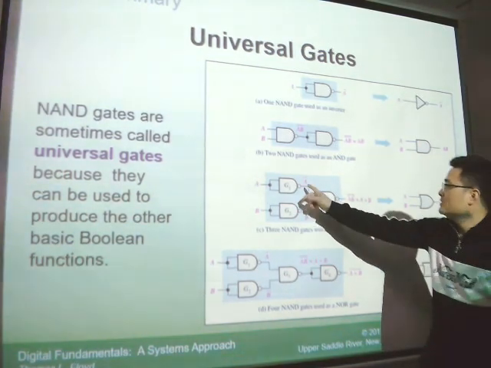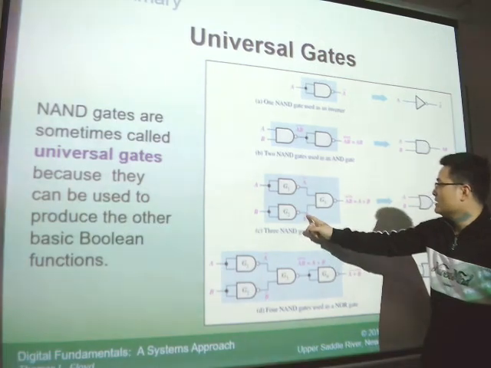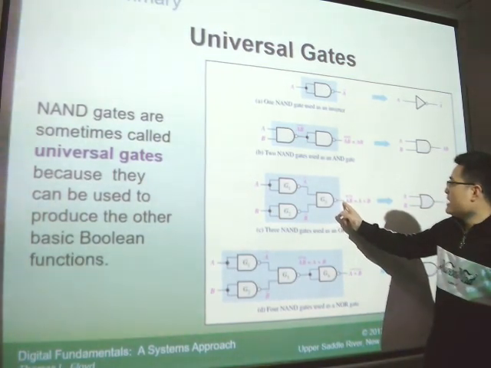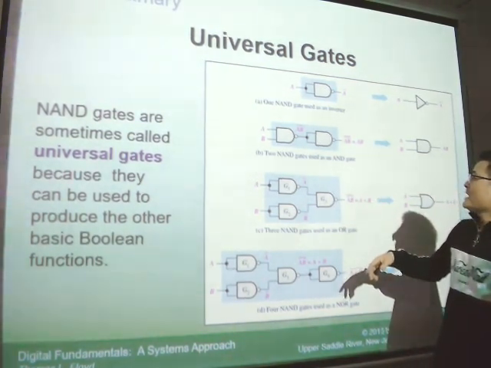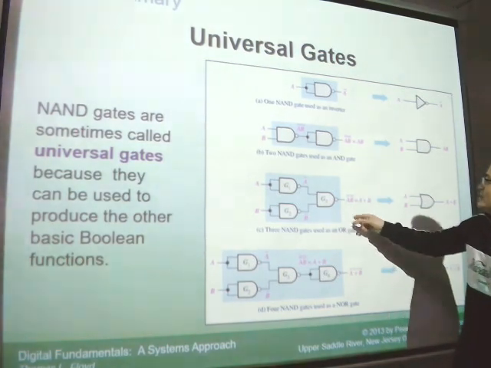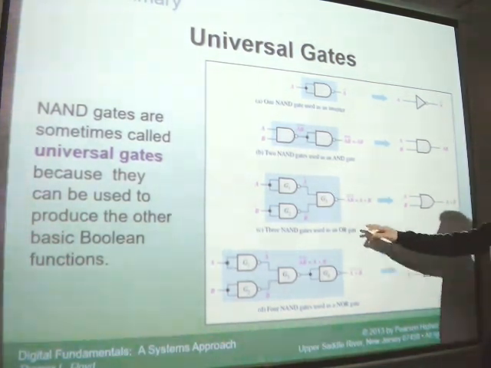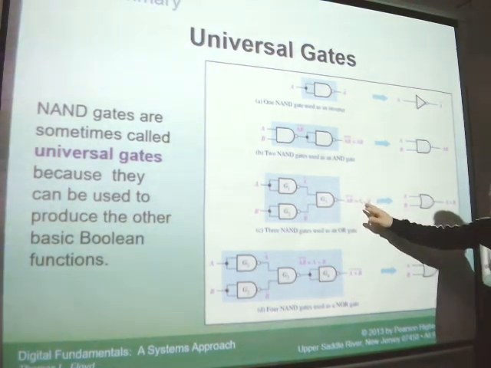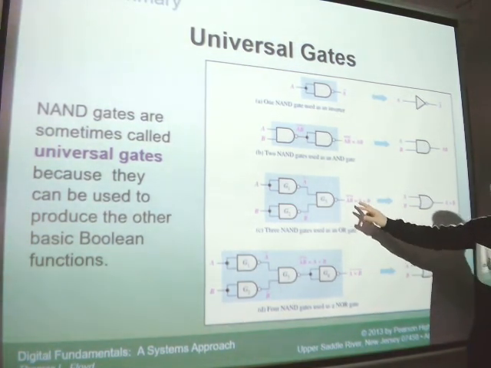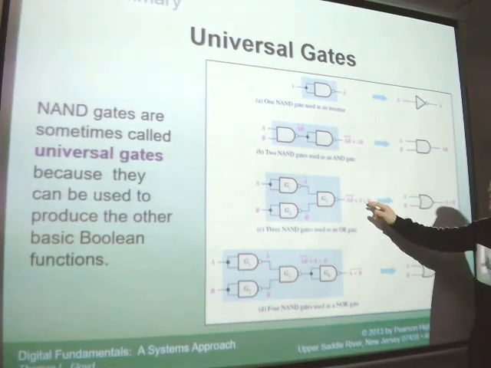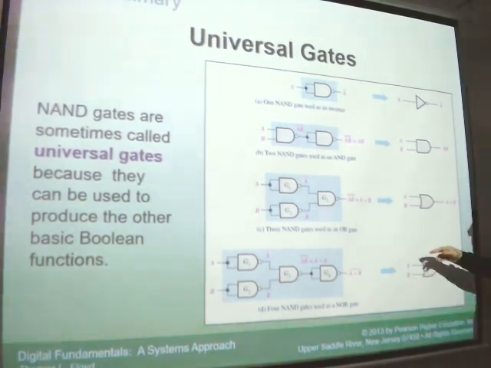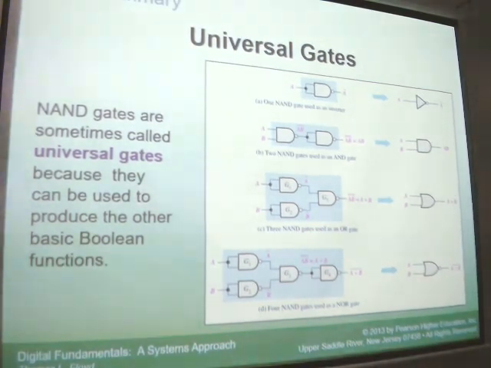It's very easy. A bar, B bar, then NAND them: (A bar B bar) bar. Use De Morgan's law. You know that it is A double bar plus B double bar. A double bar equals A, B double bar equals B. So A plus B.